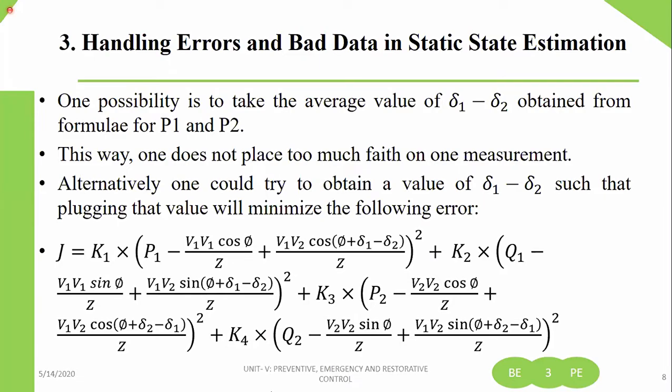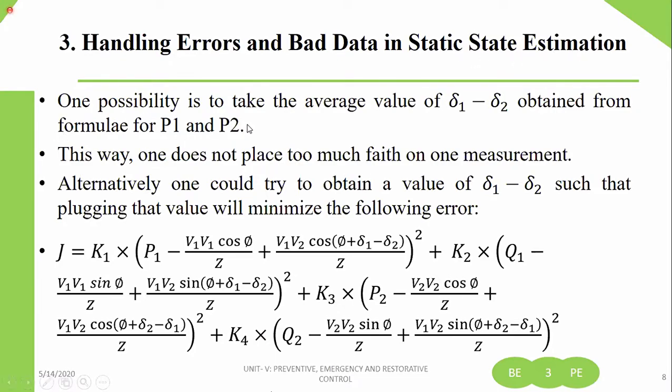Already you have recorded, and you have recorded wrong. Then how to handle such type of error, or we call it bad data, because you have collected the wrong data. How to handle it in static state estimation.